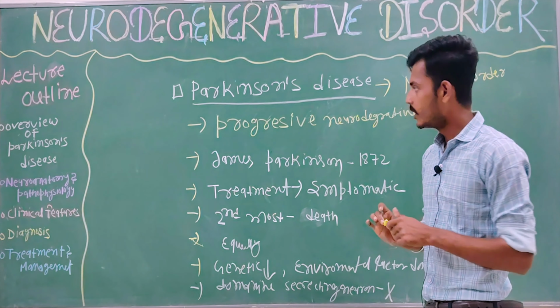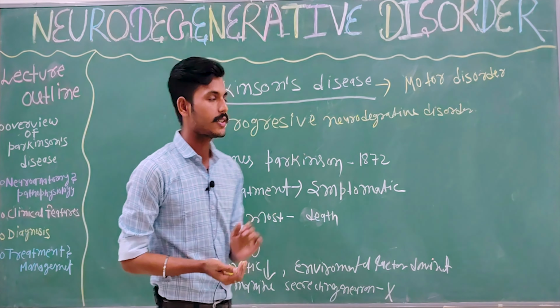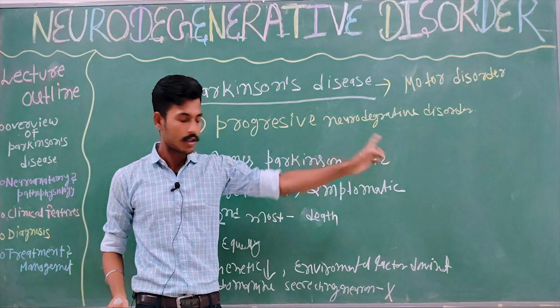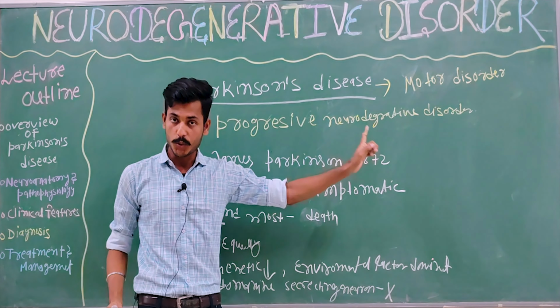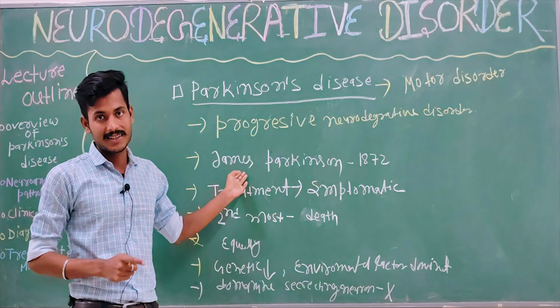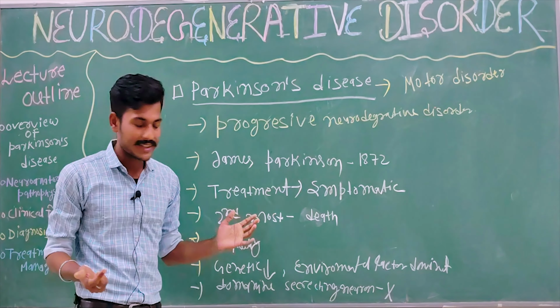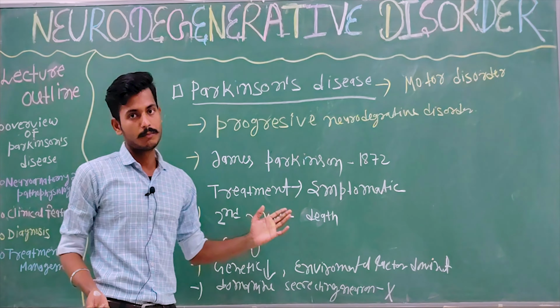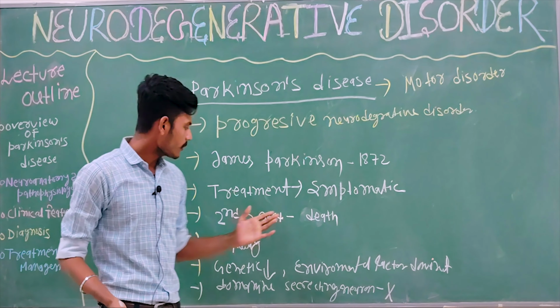Okay, no problem. Just a quick recap of what we studied. Basically, Parkinson is a motor disorder. It is a progressive neurodegenerative disorder. It was discovered by James Parkinson, that's why it is called Parkinson disease. The treatment is mostly symptomatic.